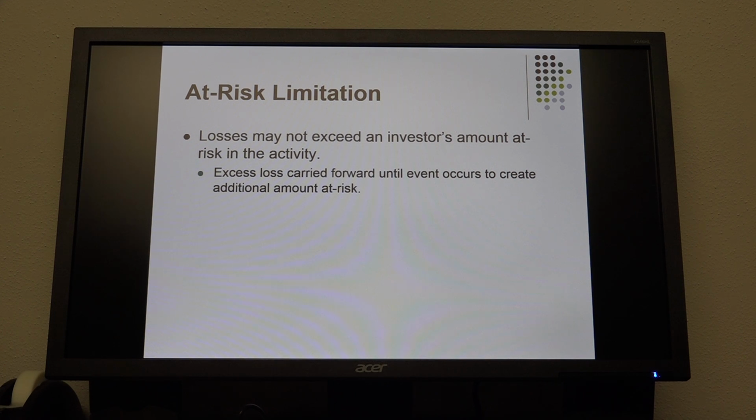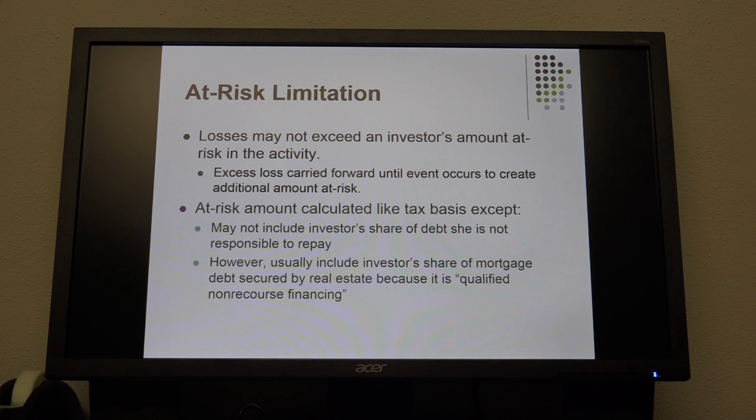Well, they're going to be limited to their basis, number one, and that's also the at-risk amount. Now, what would create additional at-risk amount? If the passive activity incurred some debt that the taxpayer was obligated to pay, that would increase their at-risk amount. So the at-risk amount is calculated like tax basis, except that it may not include the investor's share of debt she is not responsible to repay.